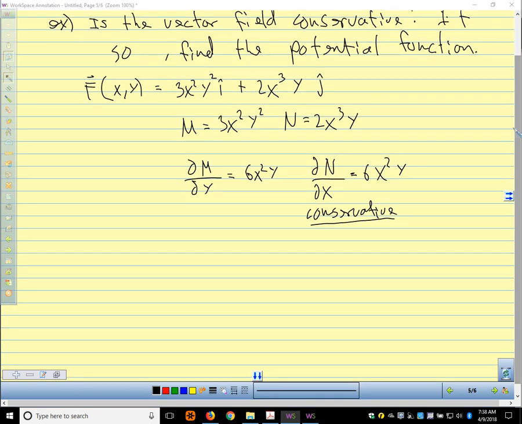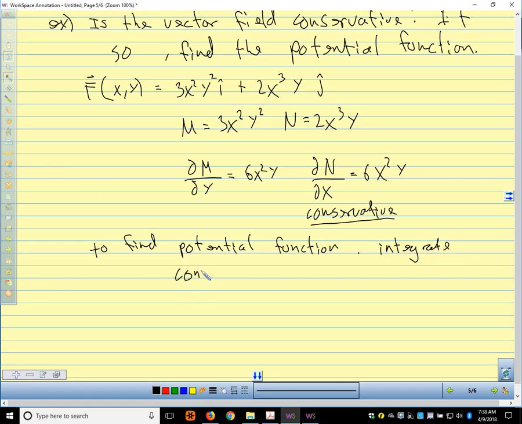So what we're going to do is integrate the components.